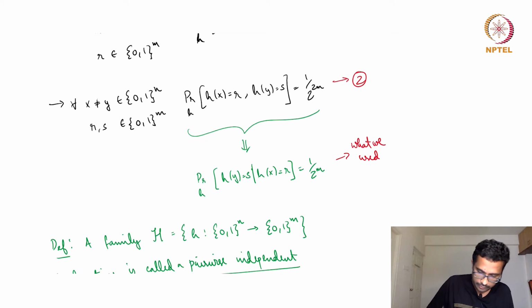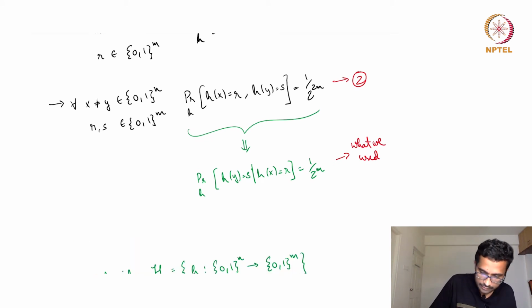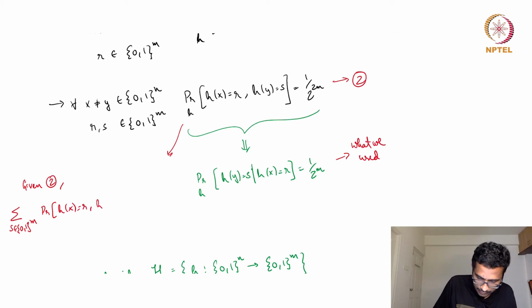So what I am saying is that given 2, if you take the summation over all s in {0,1} power m of the probability that h(x) is equal to r and h(y) equal to s, it is simply the summation over all s of 1 by 2 power 2m, which will be 1 by 2 power m.